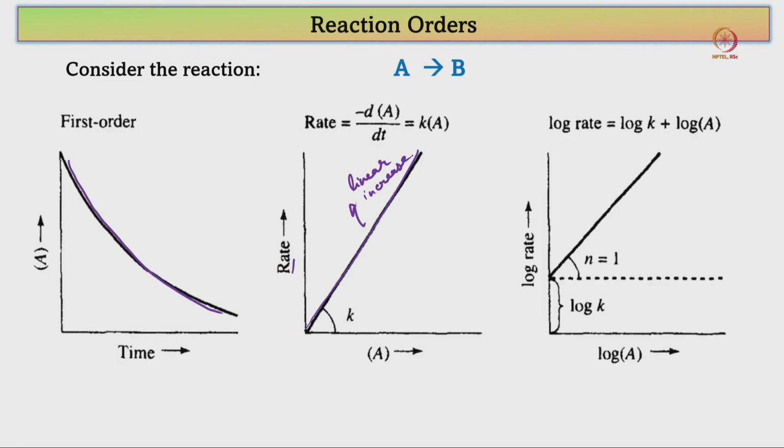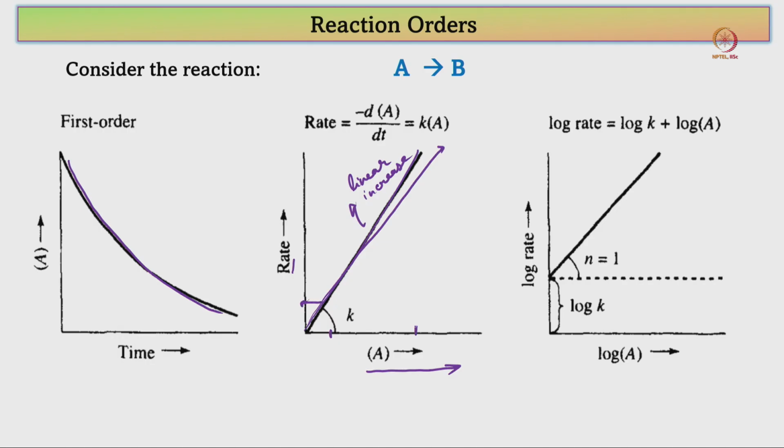So, my rate is linearly increasing. What does that mean? It means that if I increase my concentration, my reaction rate will also increase. If my concentration is here, my reaction rate was this value.